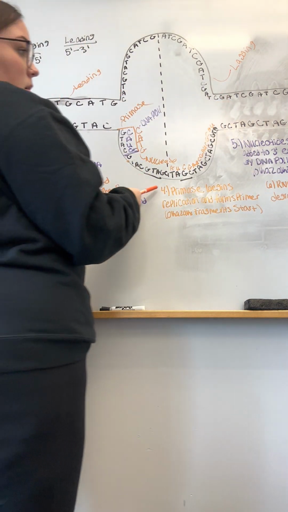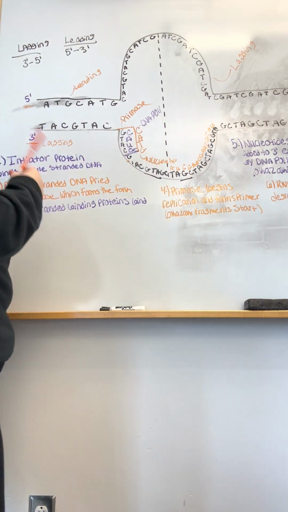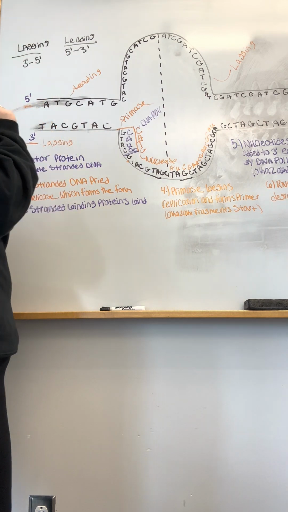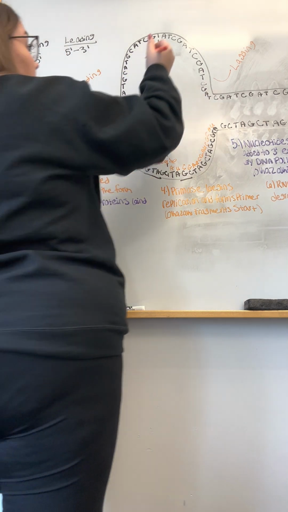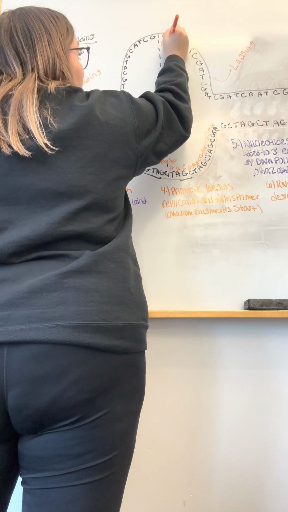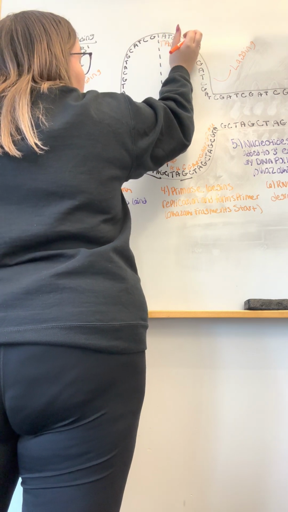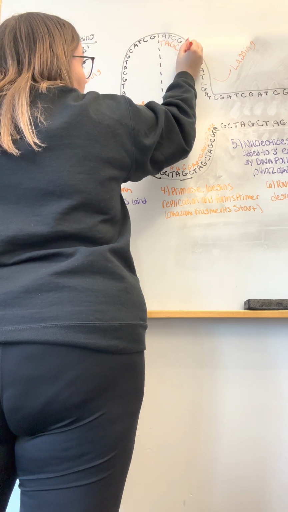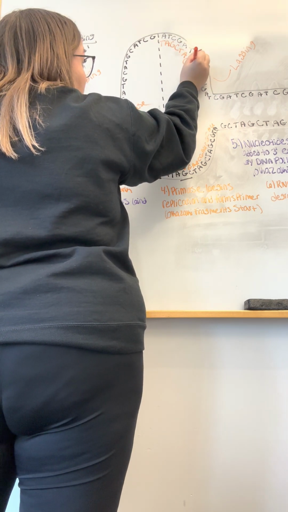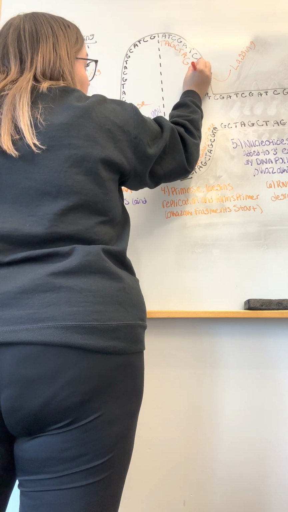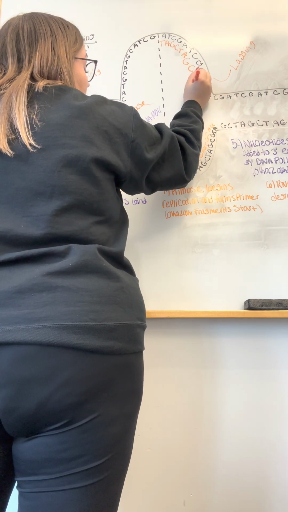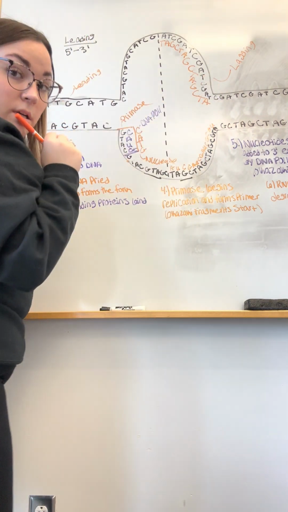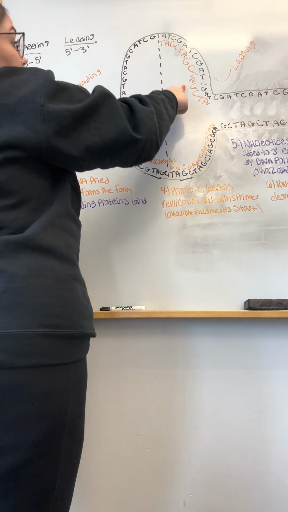So for the leading strand, we're going to do the adenines to the uracil, and then for the lagging, this would be the same. So T, A, G, C, T, A, G, C, T, A, G, C, T, A. So that would be the same for the lagging.